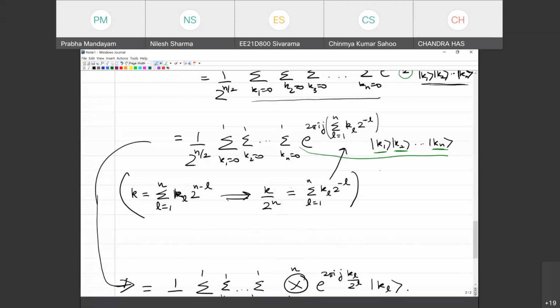This part alone becomes e to the 2 pi i j k1 by 2, ket k1. Then I can write tensor e to the 2 pi i j k2 by 2 squared, ket k2, etc., etc., e to the 2 pi i j kn by 2 to the n, ket kn, right?